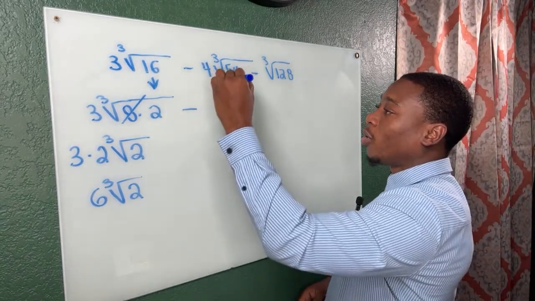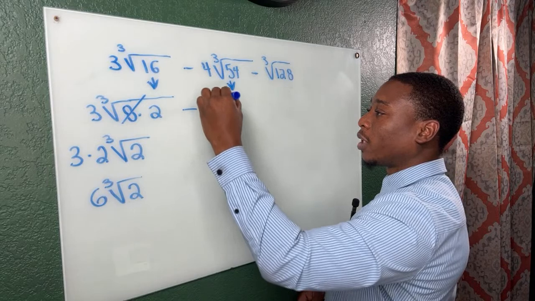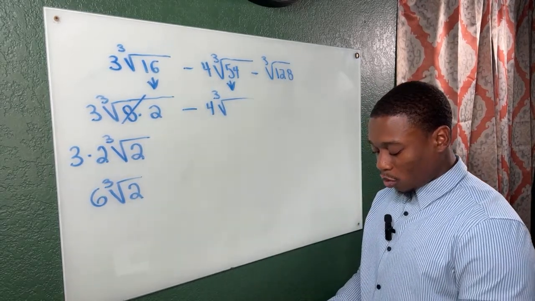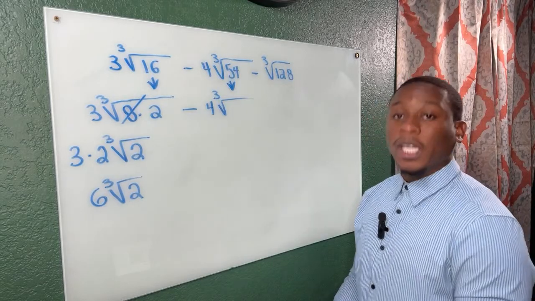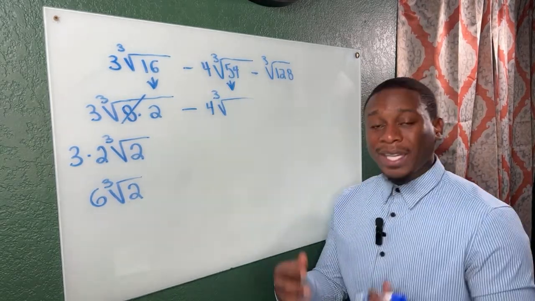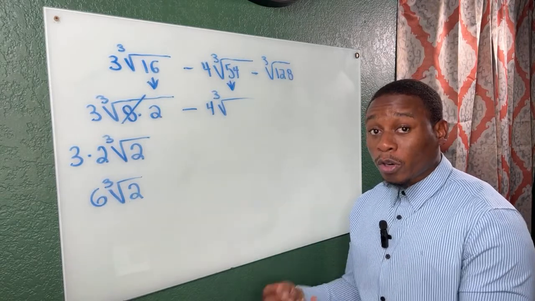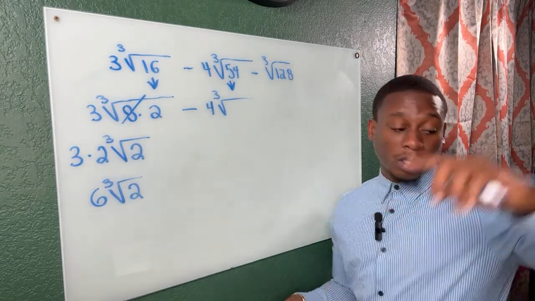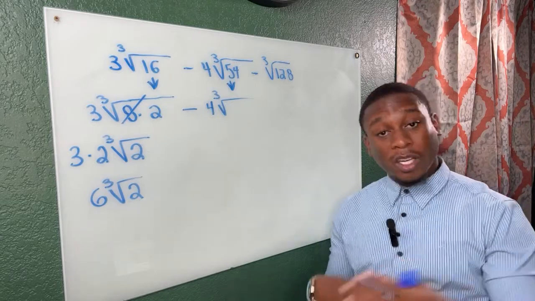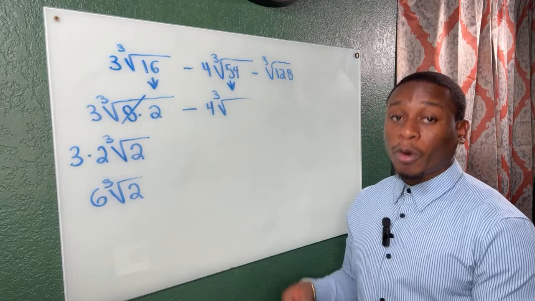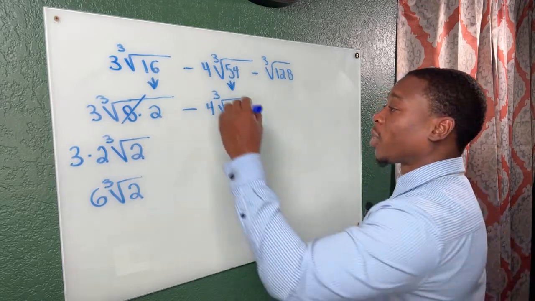Now, let's go to the middle. So when I go to my middle radical, we have 4 times the cube root. And I want to say this one is 27. Let's see. 27 multiplied by 2 is 54. So anytime you're trying to guess what numbers to divide by, guys, use those perfect cubes and perfect squares I talked about in the beginning of the video. You're going to be constantly and repeatedly dividing by the same perfect squares and perfect cubes.